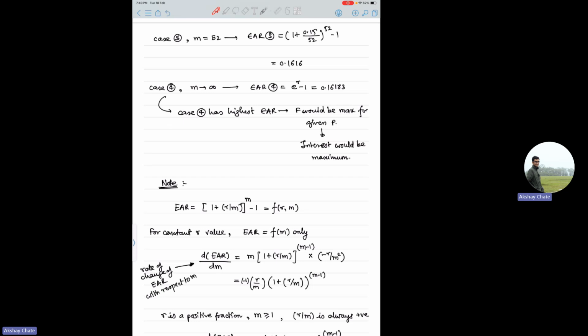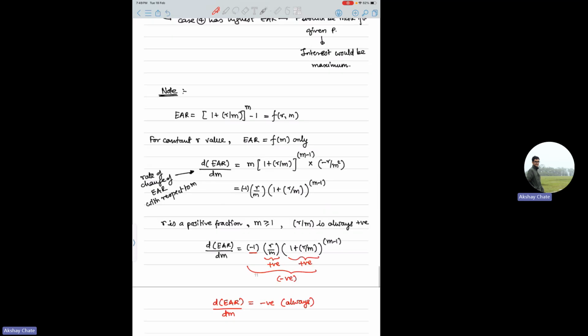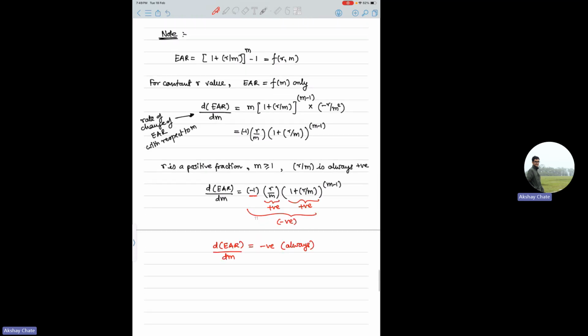Let me just see what the final answer is. Yeah, I think the mistake is here. This differentiation we did, but it's not that straightforward. No, let me just do it again.